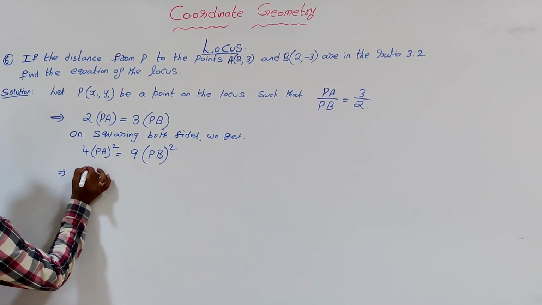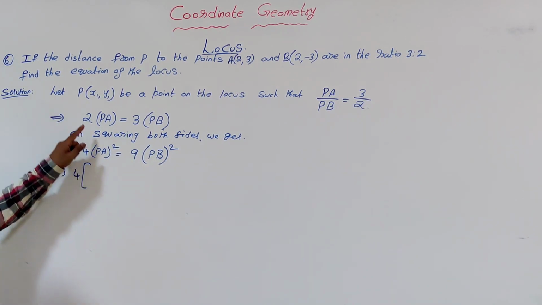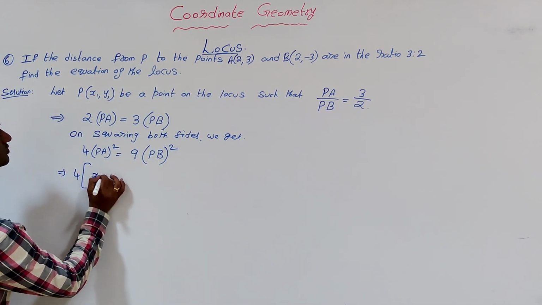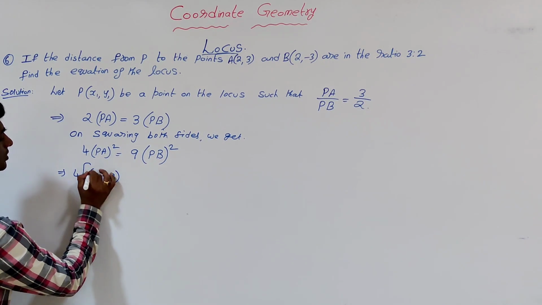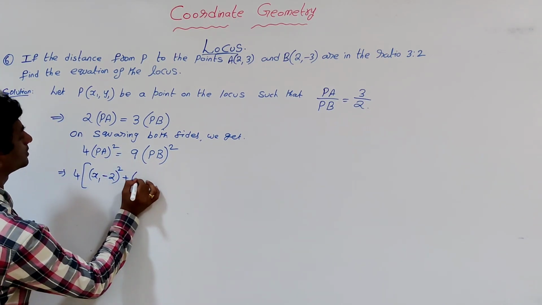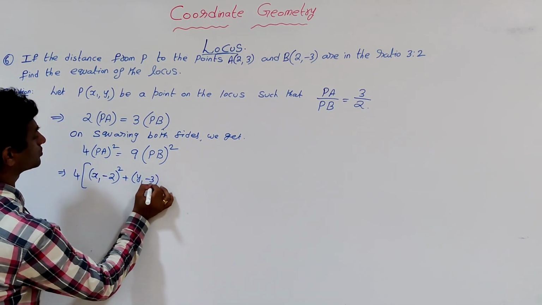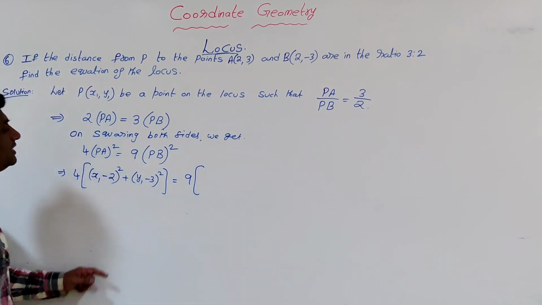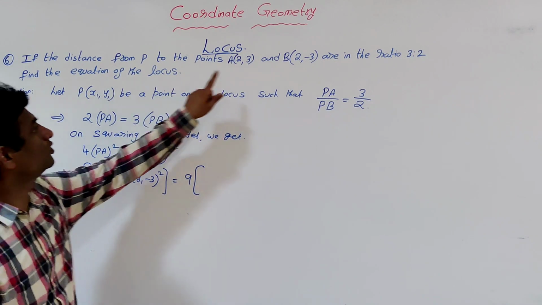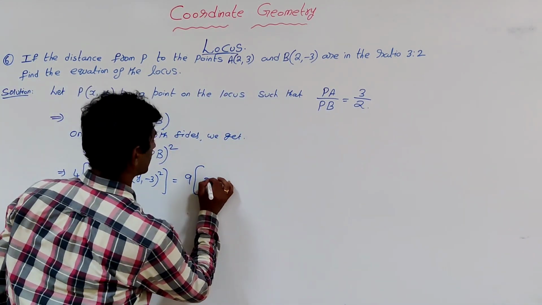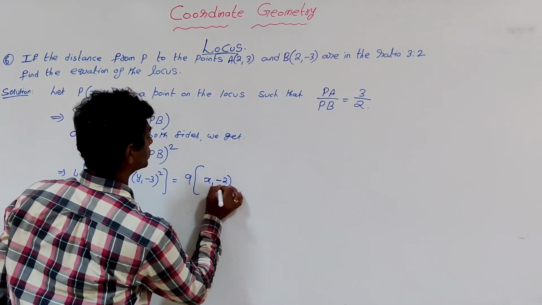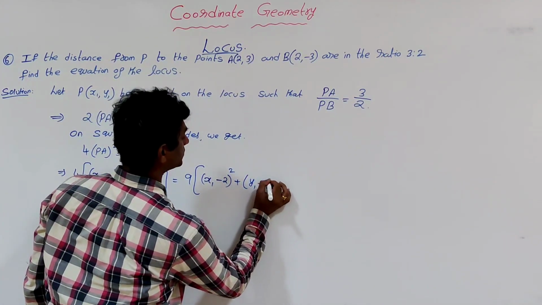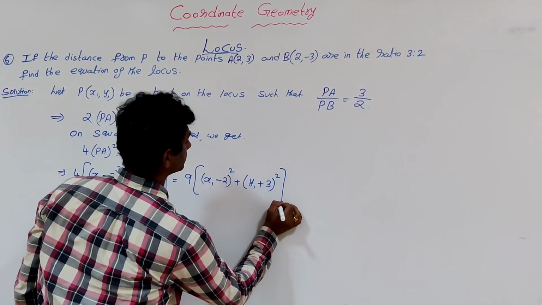So now 4 times PA, the distance from P to A, (x1 minus 2) whole square plus (y1 minus 3) whole square is equal to 9 times PB square, the distance from P to B, (x1 minus 2) whole square plus (y1 plus 3) whole square.